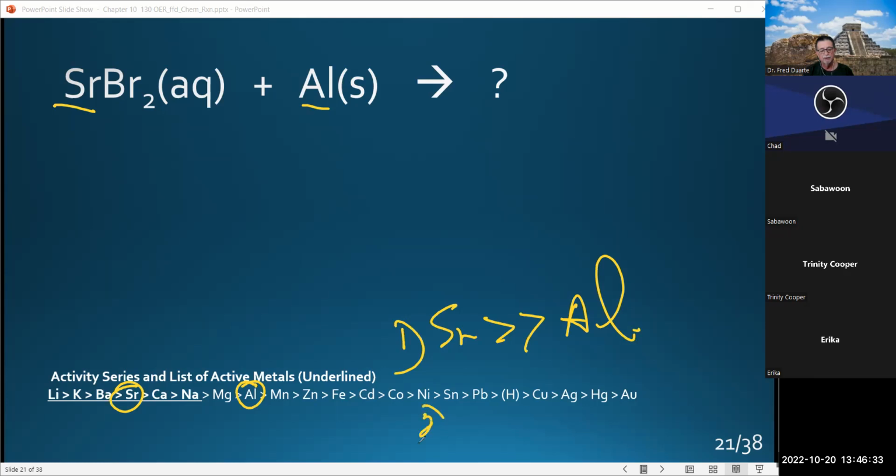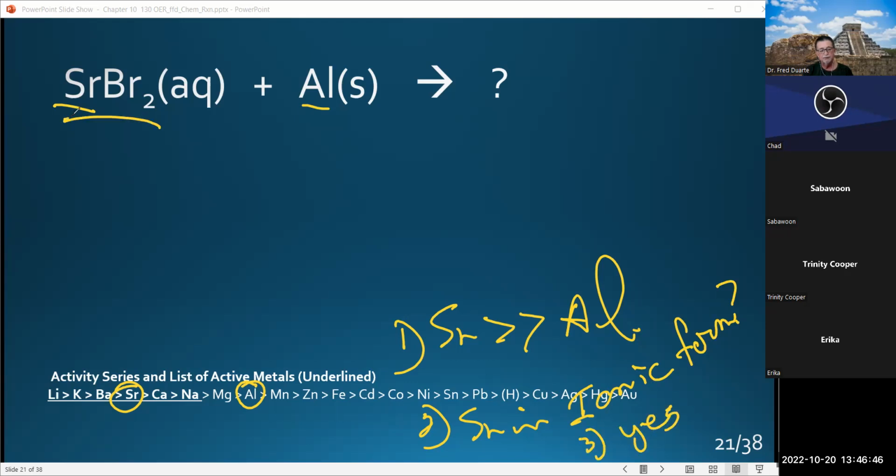Second of all, is Sr in ionic form? Okay. Answer is yes. Right there, strontium bromide. Okay. Therefore, NR, no reaction here. No reaction because, again, strontium is a lot more reactive than aluminum, and it's already in its most stable state.